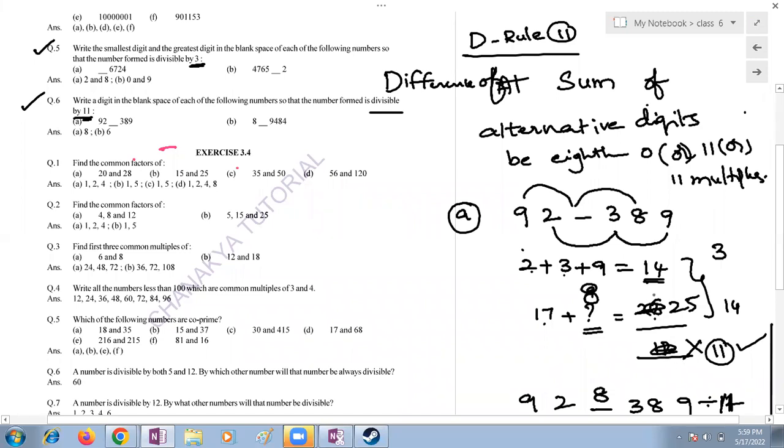Based on that condition, I got 17, but I don't know one more digit. The other alternate sum is 14. So what number should I place so that the difference is 11?